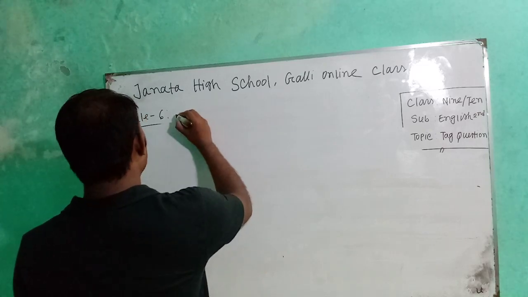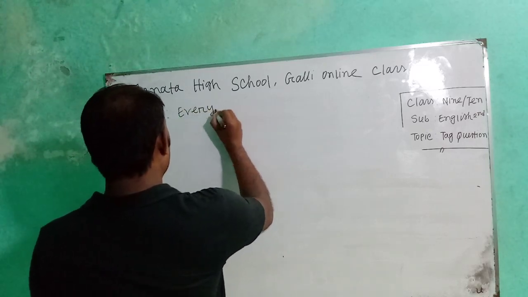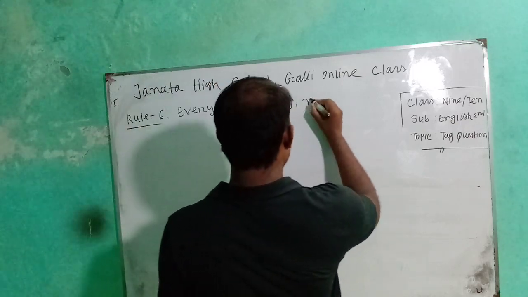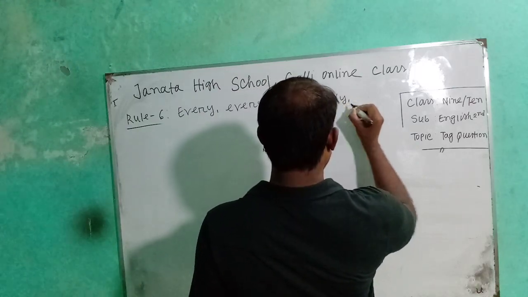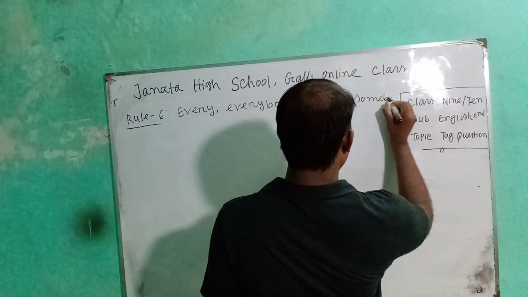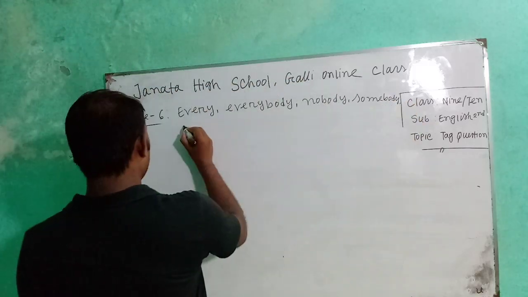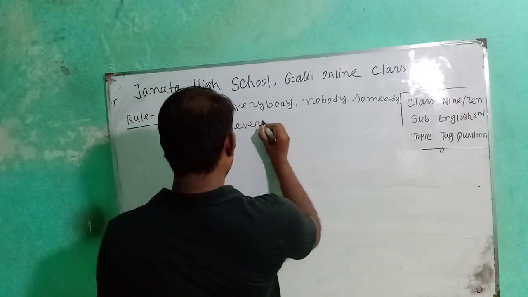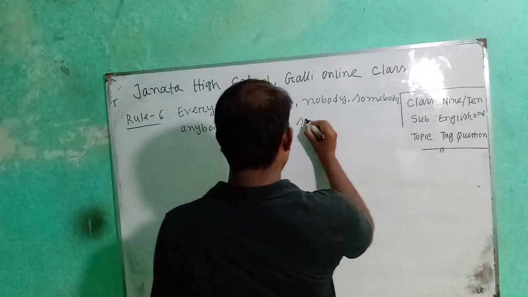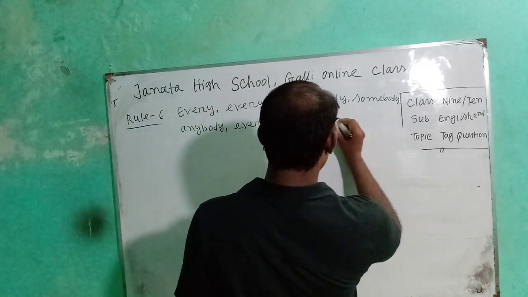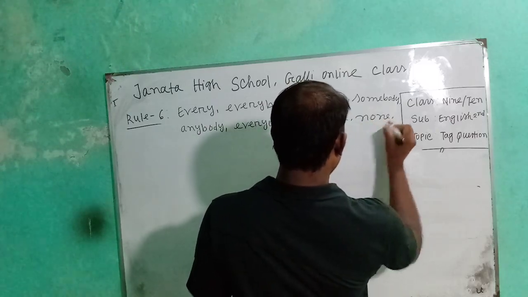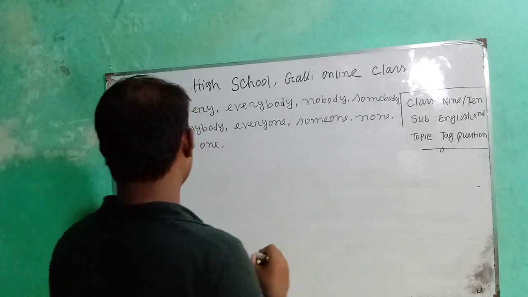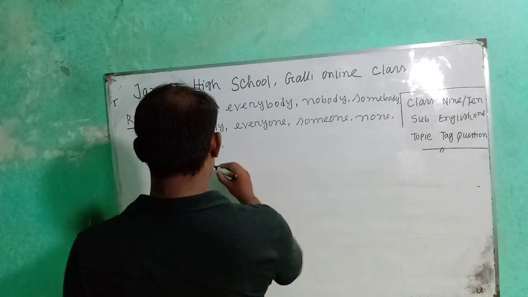These words are every, everybody, nobody, somebody, anybody, everyone, someone, none, no one.